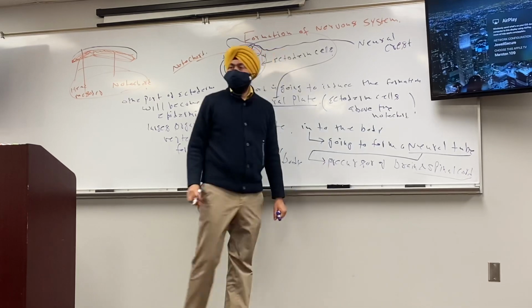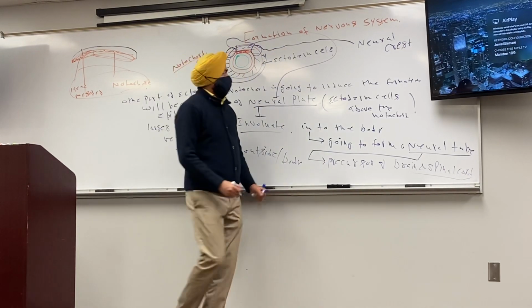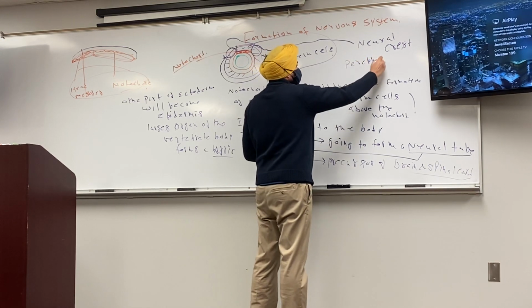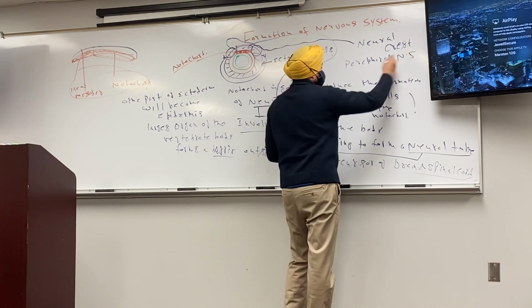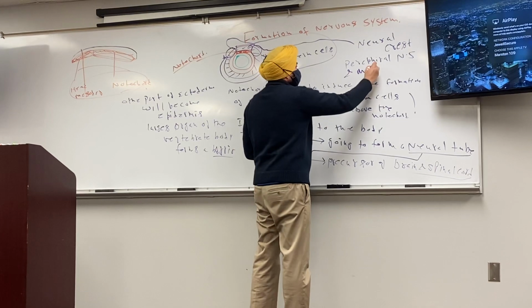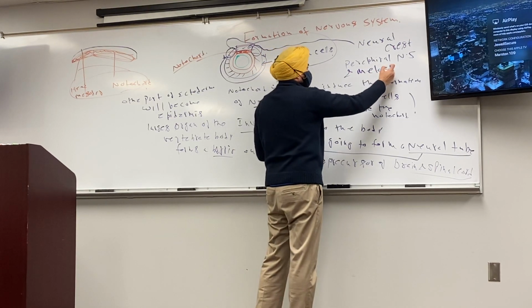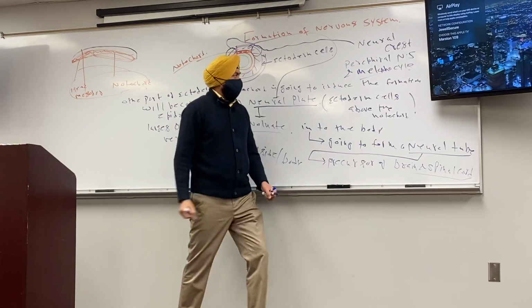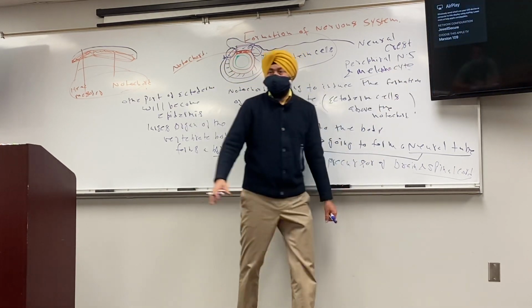Neural crest. And this part is going to give you peripheral nervous system and melanocytes. And other things also I'm going to talk about, just a kind of outline here. And melanocytes, like the pigment, the color pigment of the body.